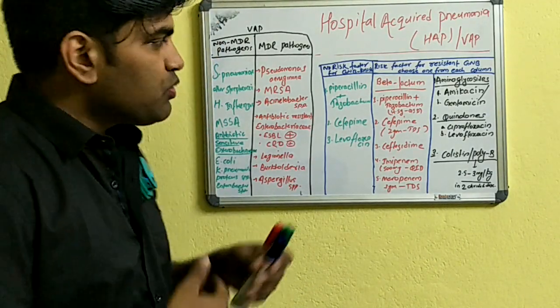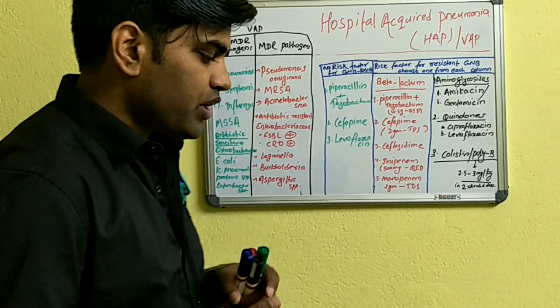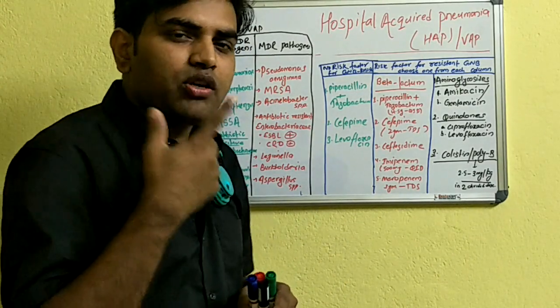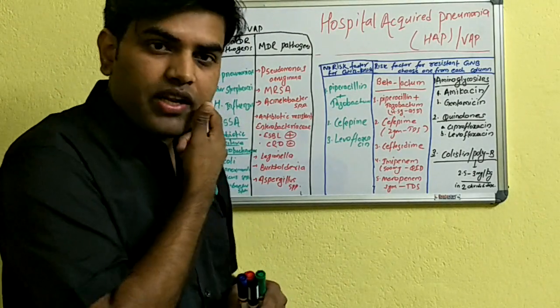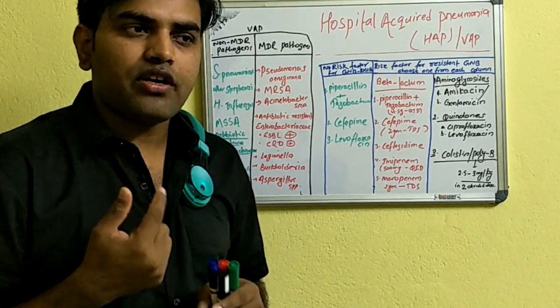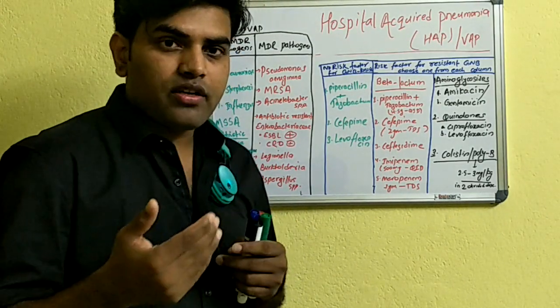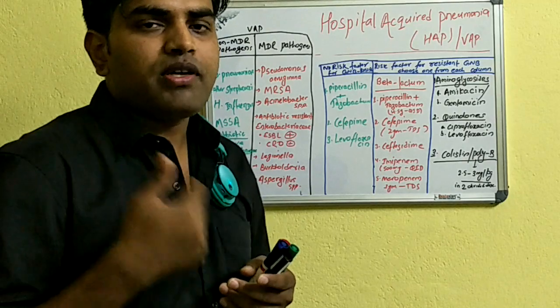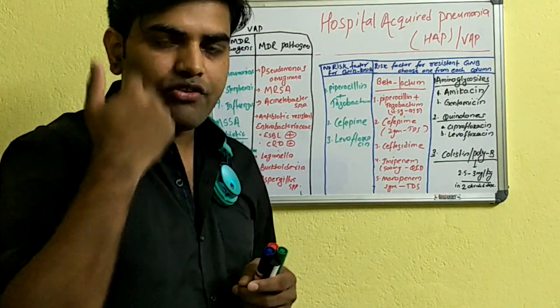Now let's move to ventilator-associated pneumonia. We have talked about the colonization of the pathogenic organism in the oropharynx, and then aspiration of this content. The third is the damage of your defense mechanism. I have told you there are defense mechanisms present in your body in the respiratory tract.